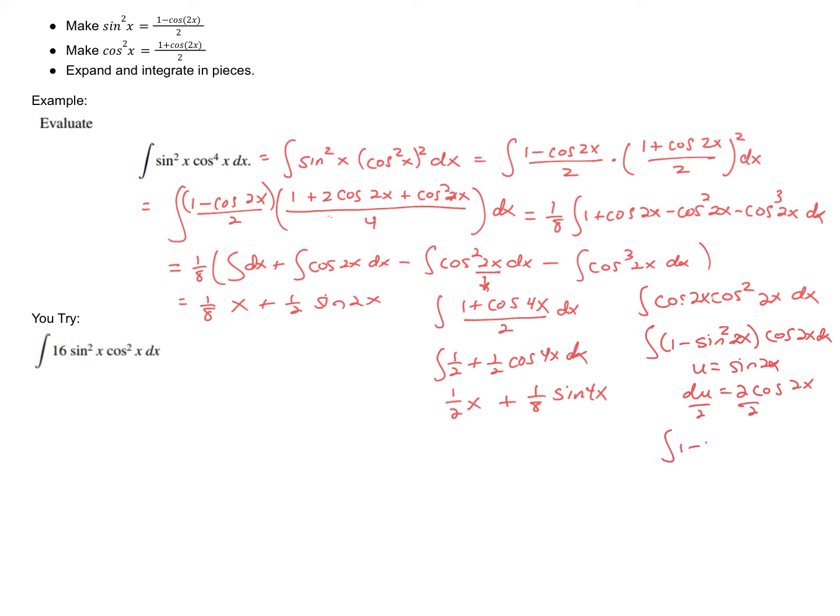So this becomes 1 minus u squared times a half du. That means that we get a half u minus u to the third over 6. And you can go ahead and put back your sine of 2x.